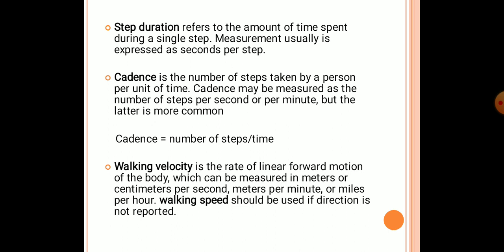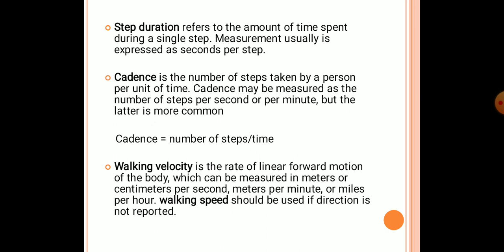Walking speed is used when we are not mentioning the direction of movement. Whenever we mention the direction of movement, then we talk about velocity. So walking velocity is the linear forward motion of the body, which can be measured in meters per second.